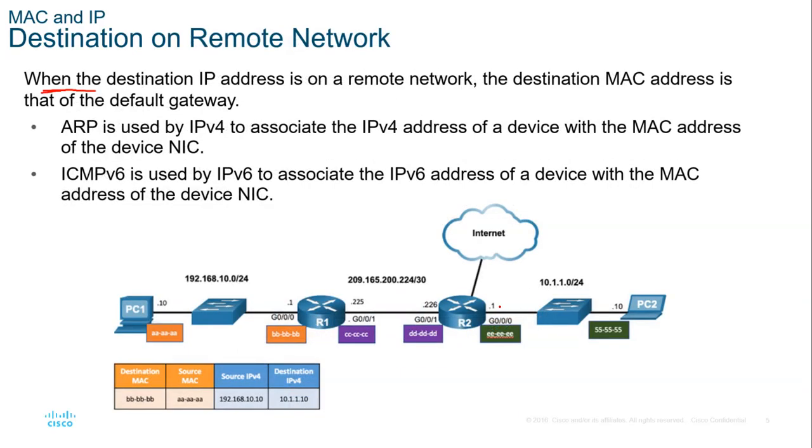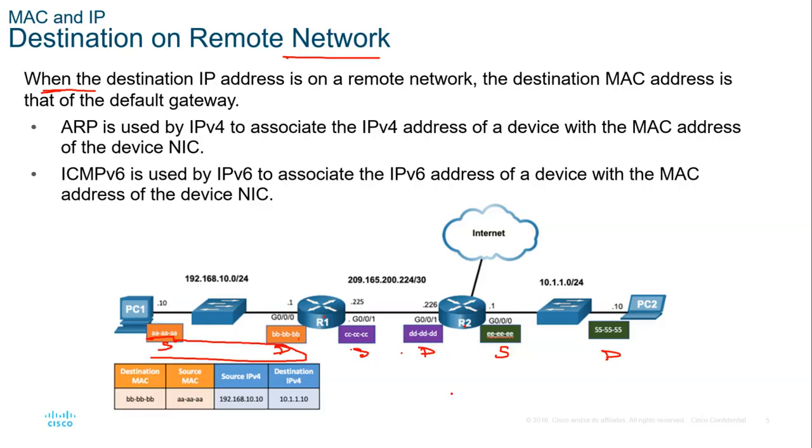But when it comes to a destination on a remote network, I've explained that every time a frame passes through a layer 3 device, which is this one here, now this will be the source and this the destination. This device does encapsulation again, and in the process of encapsulating the frame again, these two are going to be replaced with the new source and destination. The next one does the same by replacing these two.